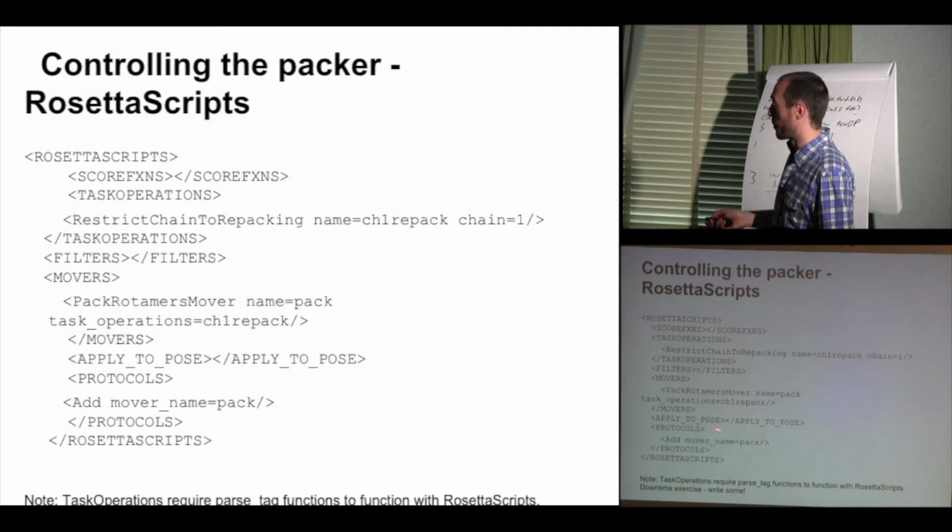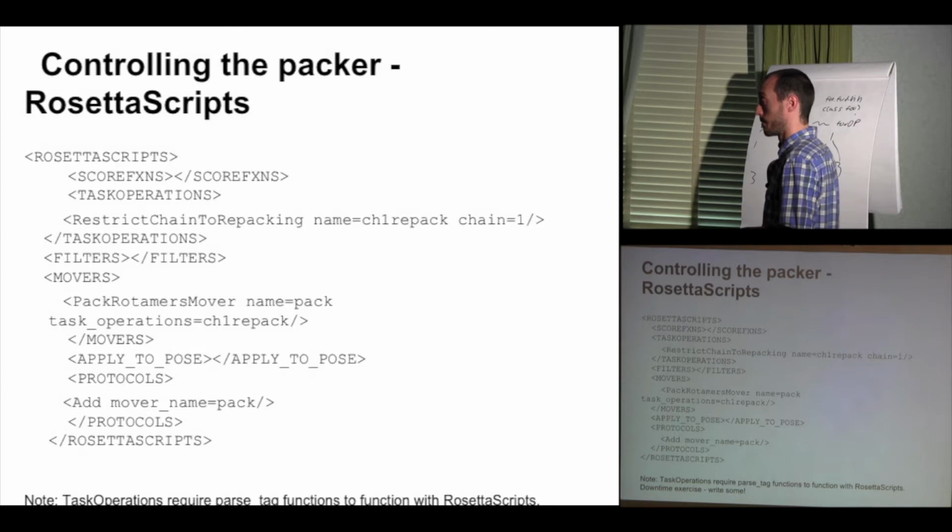Then in our protocols, we add that mover named pack. If we were to run this protocol through Rosetta scripts, chain 1 would repack only. It wouldn't be allowed to design, and other chains, if there were any in the pose, would be allowed to design.